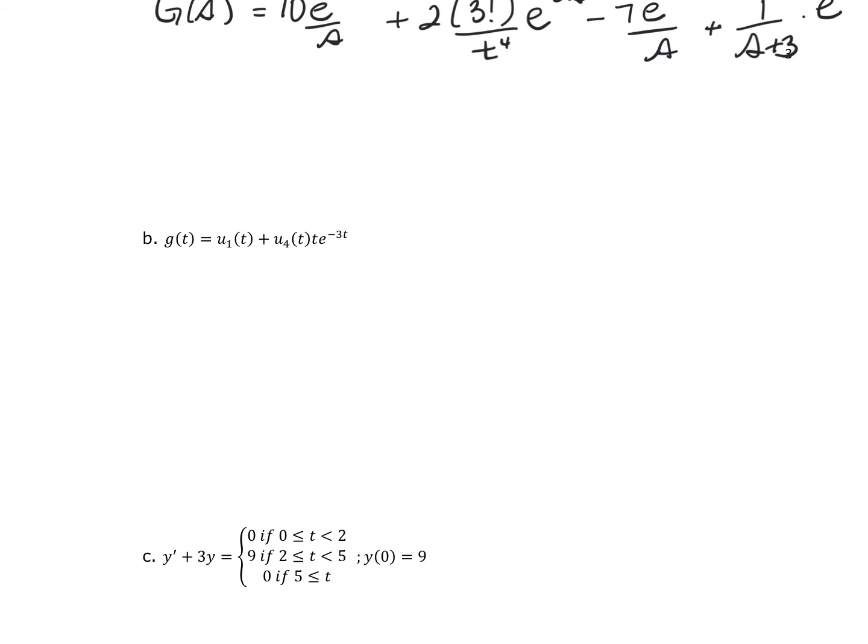Let's take a look at my next example here with b. So the first thing we're going to do is write it out appropriately. So g of t is going to be u of t minus 1 plus t e raised to the negative 3t u of t minus 4.